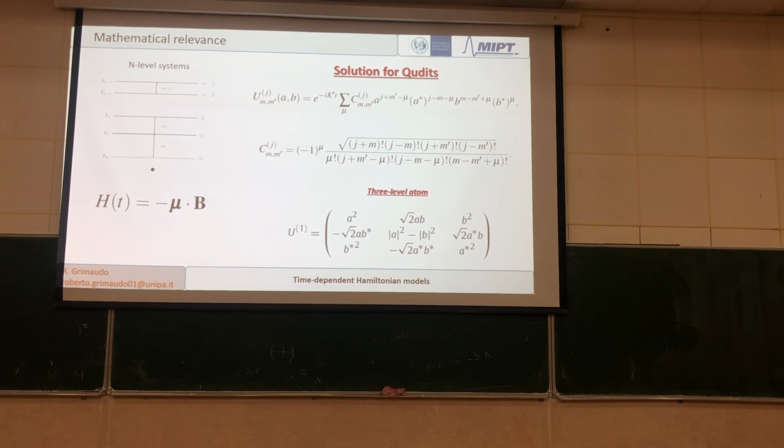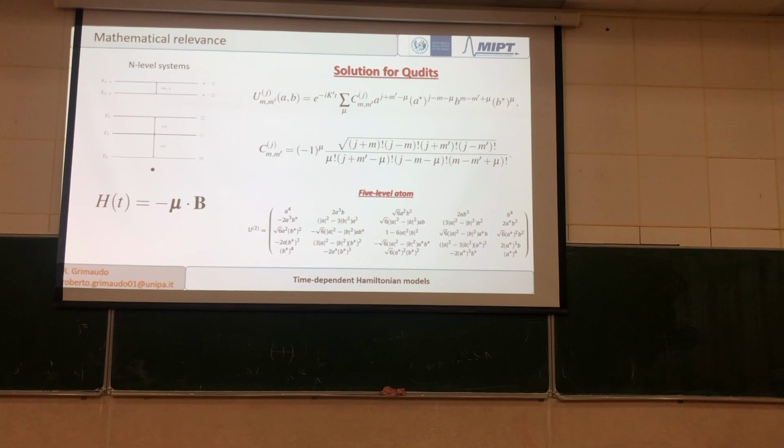For example, for a three-level system, we have the structure of the time evolution operator here. You see that it depends only on A and B, and this is for the five-level system. Maybe you cannot see very well, but it depends only on A and B, you can be sure.